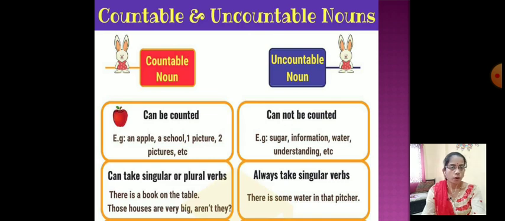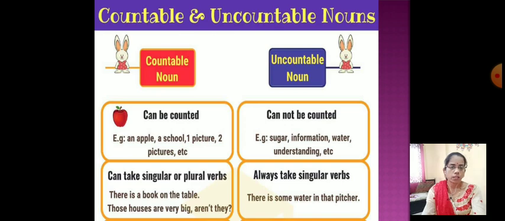Now, on the other hand, uncountable means it cannot be counted. For example, sugar, information, water, understanding, all these things we cannot count. So all these things are included in the uncountable noun.